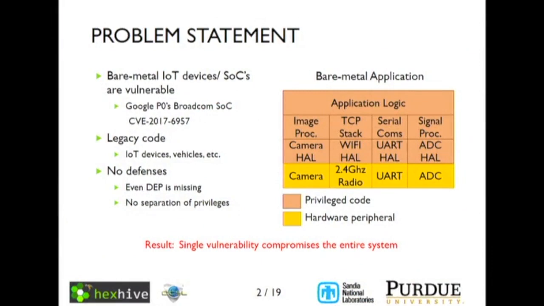An interesting example of this is that in 2017, Google's Project Zero released a write-up on some vulnerabilities they discovered in Broadcom Wi-Fi system on a chips, that essentially just by having your Wi-Fi on and being in range of a rogue access point, they could send it Wi-Fi frames that would take over control of the Wi-Fi system on a chip. And then once they got control of it, they were able to go into the application processor of a cell phone. So they were able to take over the application processor also by chaining together a couple vulnerabilities.